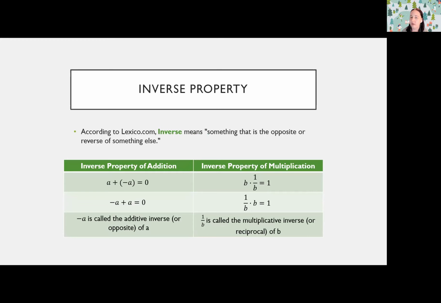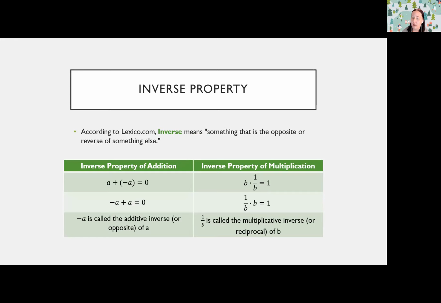The inverse is to undo something or to do the opposite. So we have an inverse property of addition, which would be a number and its negative, because those undo each other. Undo in the terms of, well, one, they're opposites, because we already talked about that, but they undo and they result to 0 when you add them.